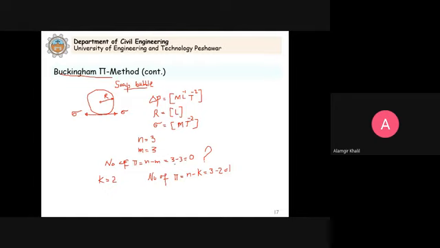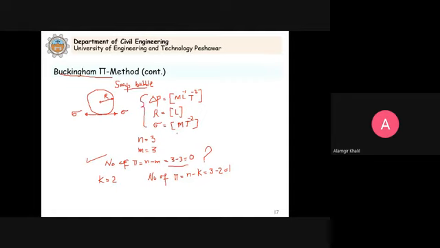When this is the situation, it's not that you just reduce it by 1. This may also not always be the case. When you get this type of situation where we are unable to solve the problem, you should go back and identify if you are missing any variable or not.